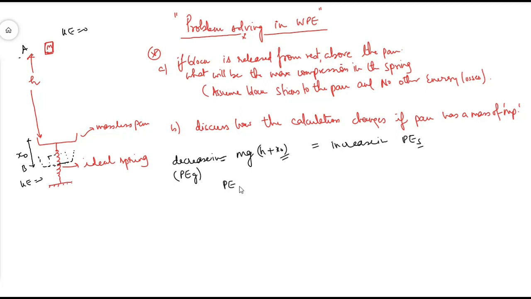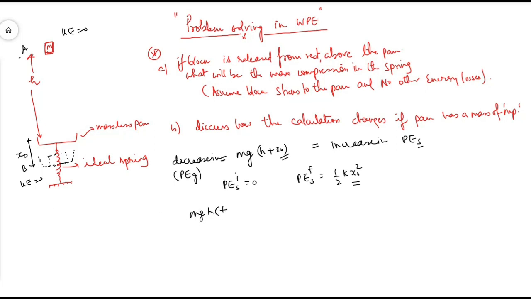Initial PE of the spring is 0. Final PE of the spring is half K x naught squared, because x naught is the compression, and potential energy of a spring is half K x squared, where x can be elongation or deformation.